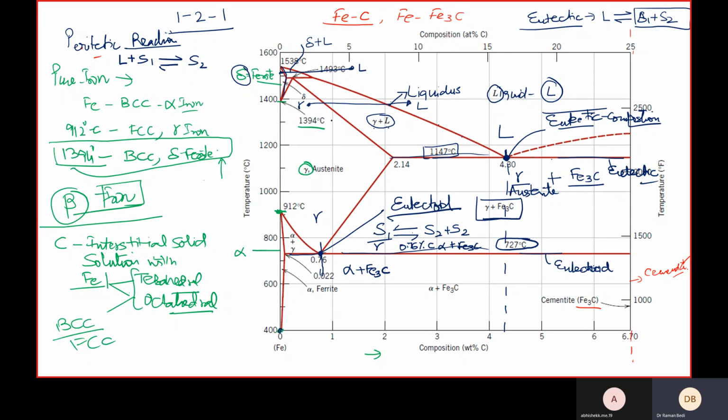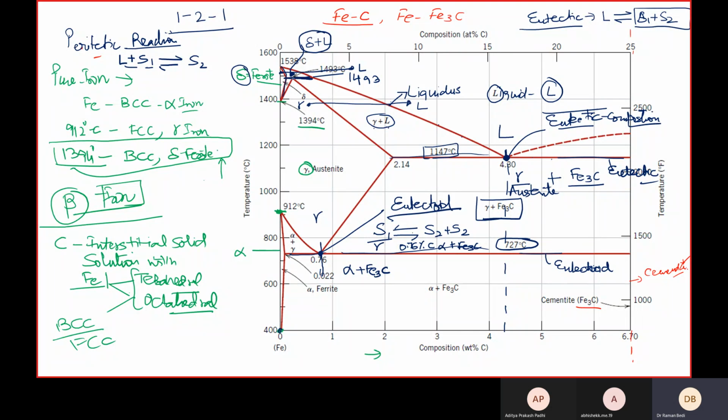And this peritectic reaction is visible here. It happens at 1493, and that is why I find an isotherm available here. What is happening at this point? We already said that this region here was delta plus L. So I have liquid plus delta solid phase.